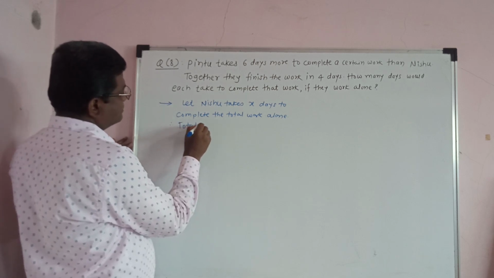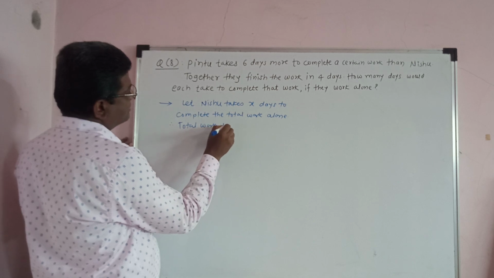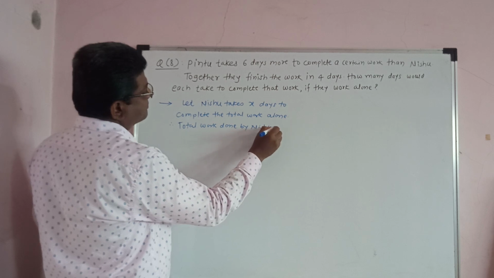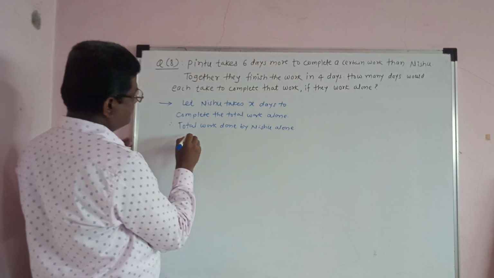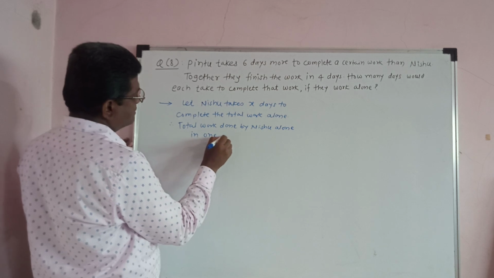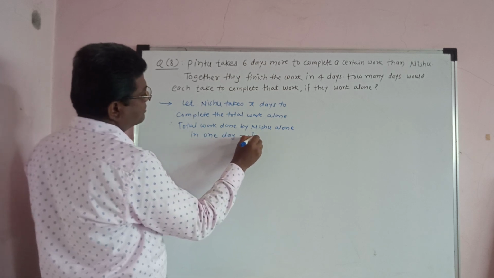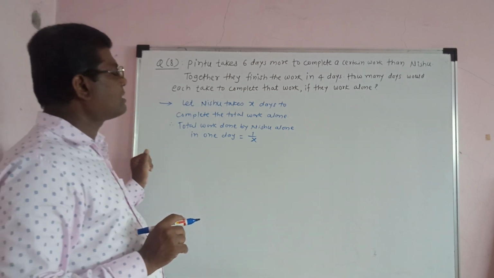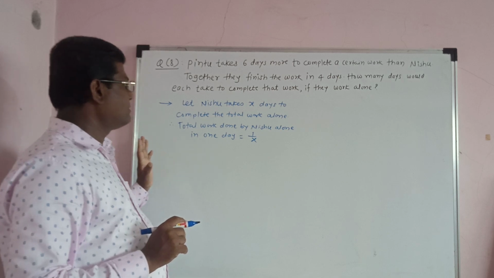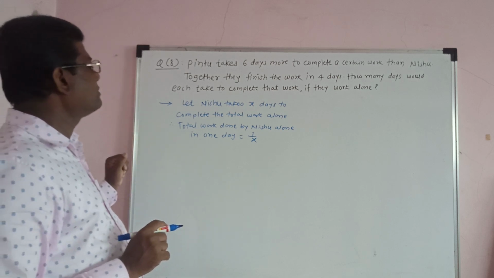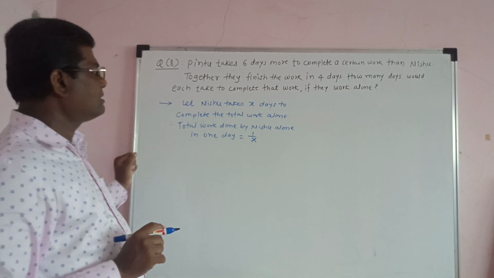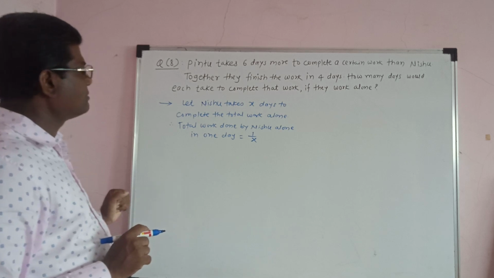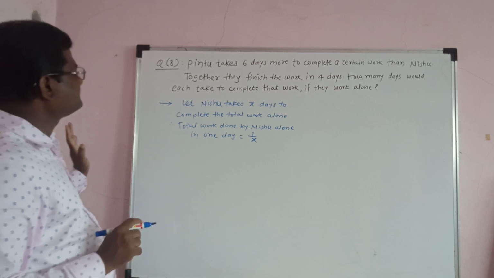Therefore, total work done by Nishu alone in 1 day is equal to 1 upon x. 1 upon x part of total work will be finished by Nishu in 1 day. Here we have taken reciprocal of days. Reciprocal of days is work done in 1 day.